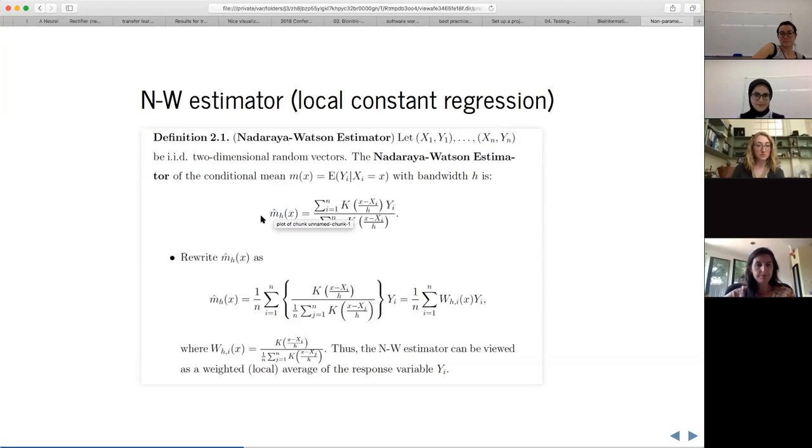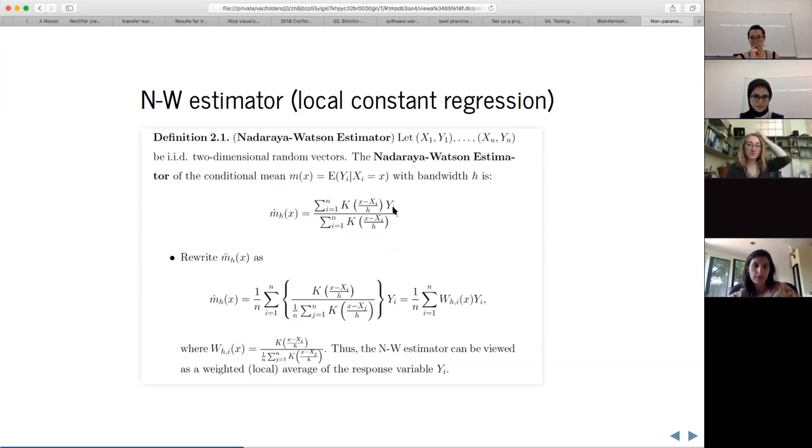Your estimate m hat is a weighted sum of your response, given by that formula. K is your kernel, and you are considering a neighborhood centered at your x.